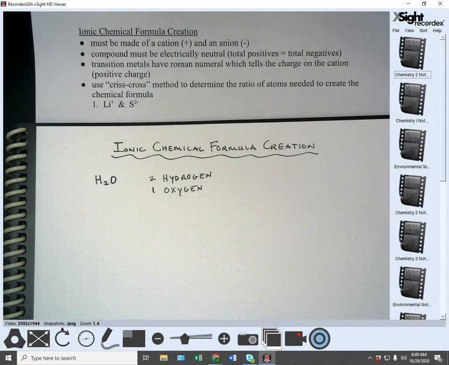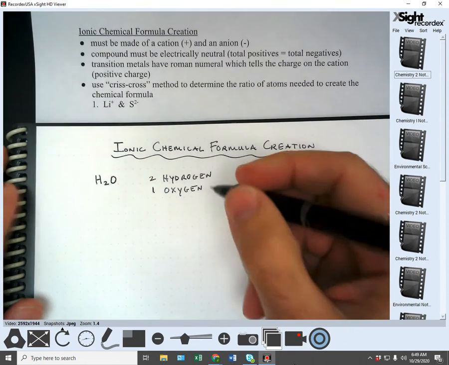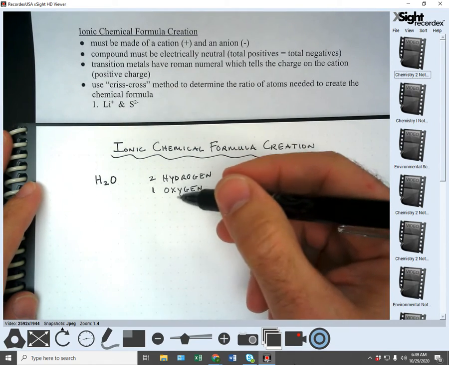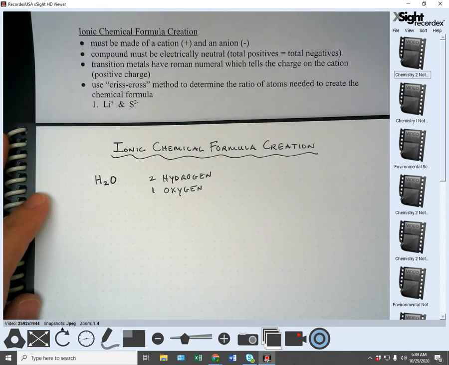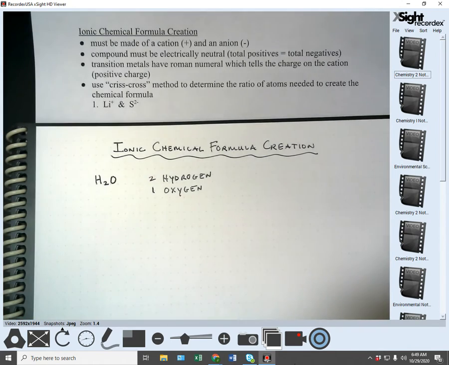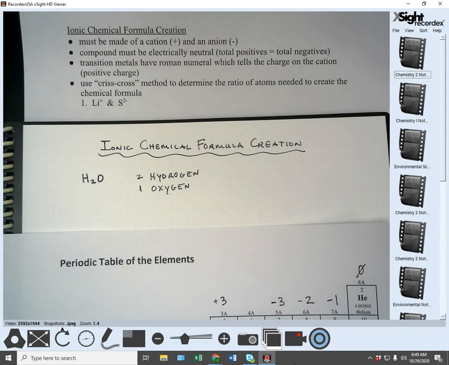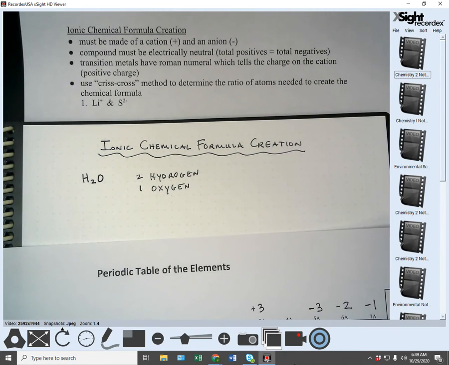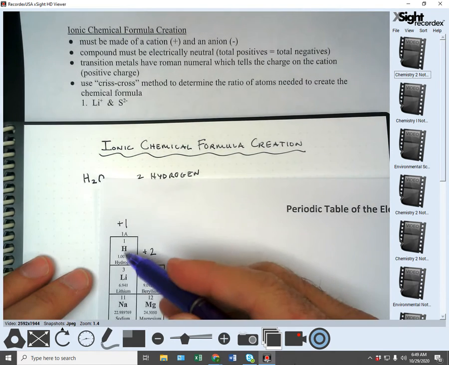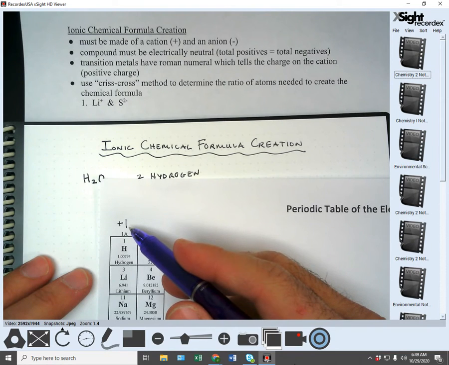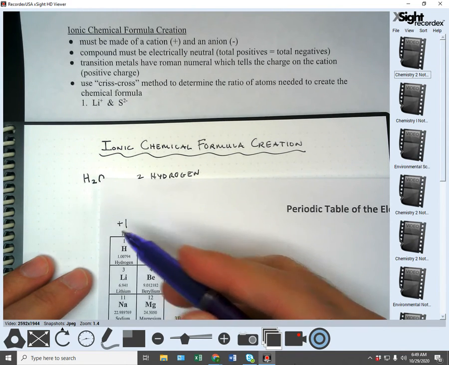So if we were to look at this and we use our periodic table, we would see that each hydrogen should be a +1 charge, right?